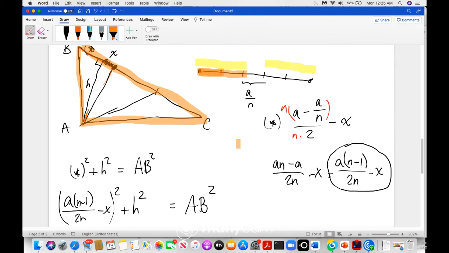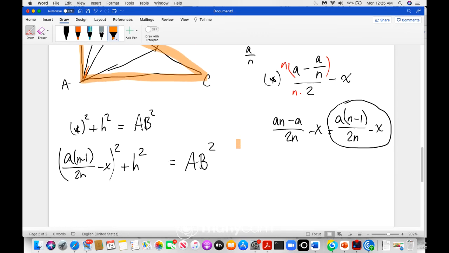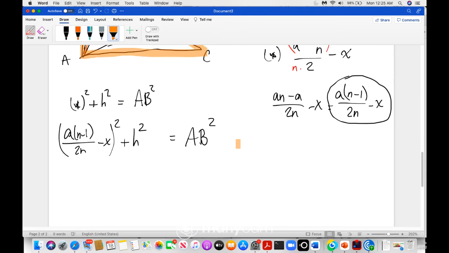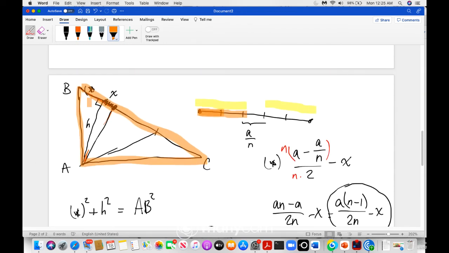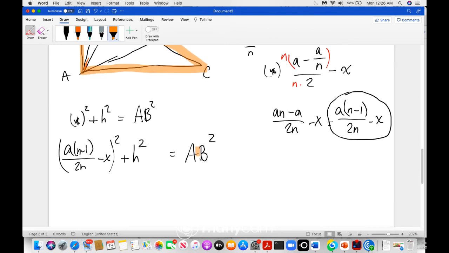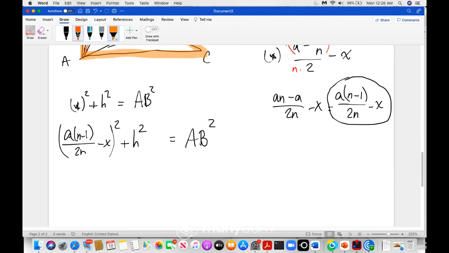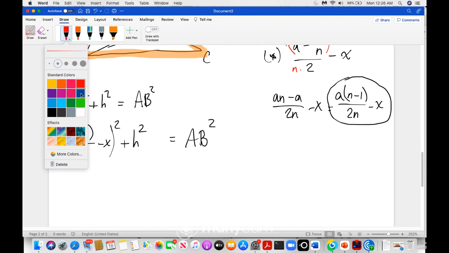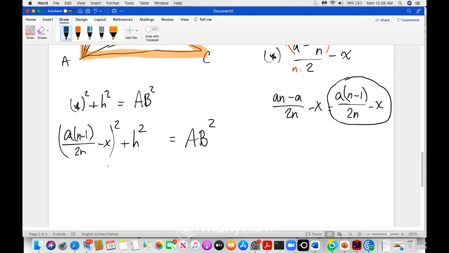And now the Pythagorean theorem says that AB squared plus AC squared equals BC squared. So what I'm going to do is add AC squared on both sides of this equation.